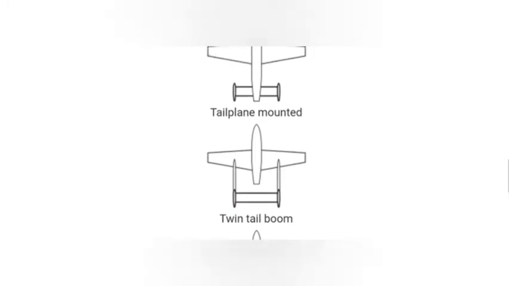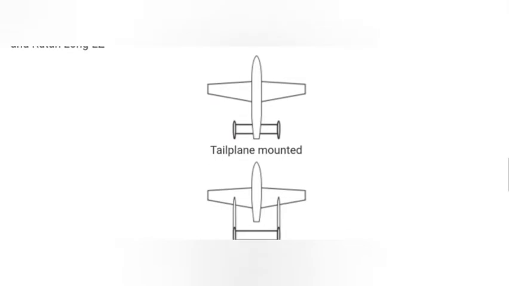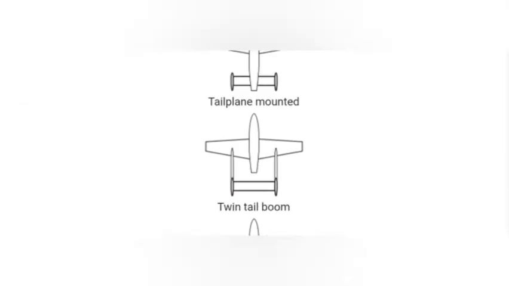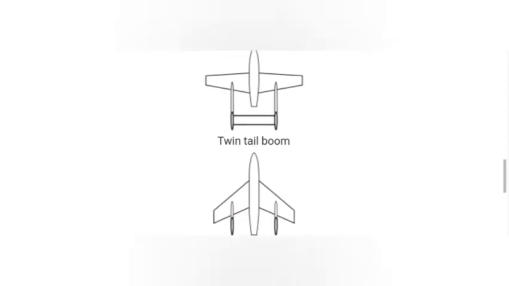This one is fixed at either side of the horizontal stabilizer with an extension from the wings at either side of the wings. Twin tail boom has two fuselages at either side of the aircraft, from the center fuselage, extending from the horizontal stabilizer to the wings. This is the twin tail boom.